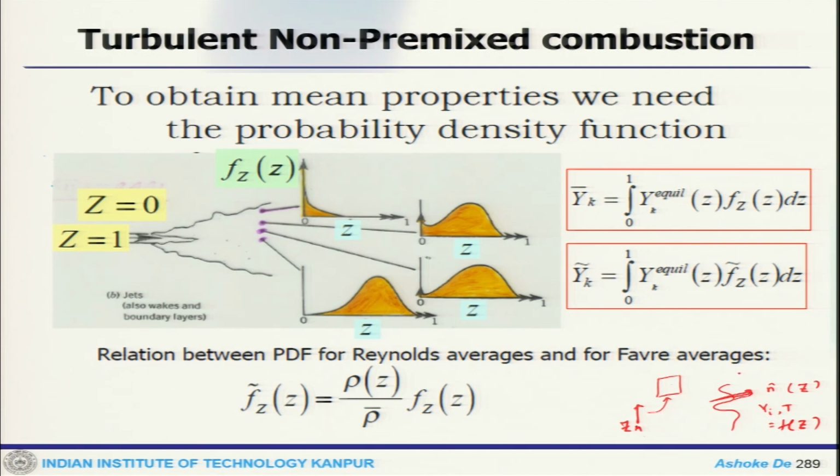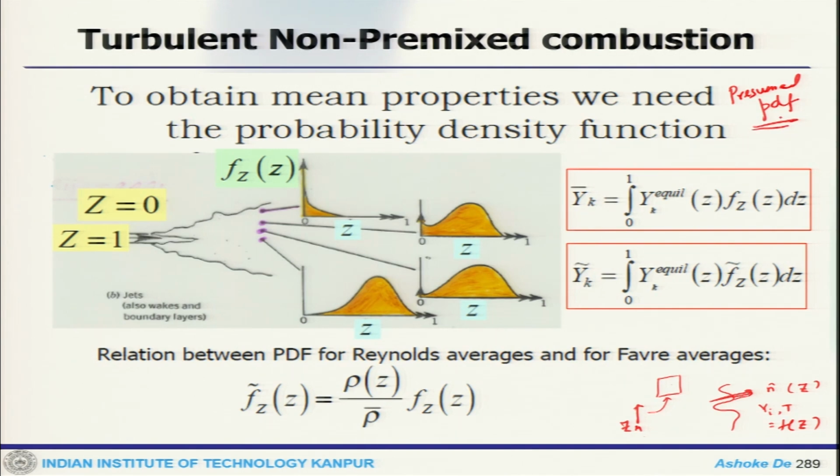This is similar to the approach that we have discussed for premixed flames, like a progress variable kind of approach, and what it requires is some probability density function, where the shape of the distribution is assumed, which is called presumed PDF, which we have seen in the BML model and other models.